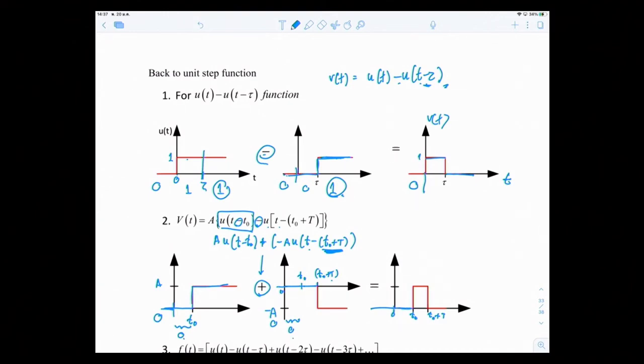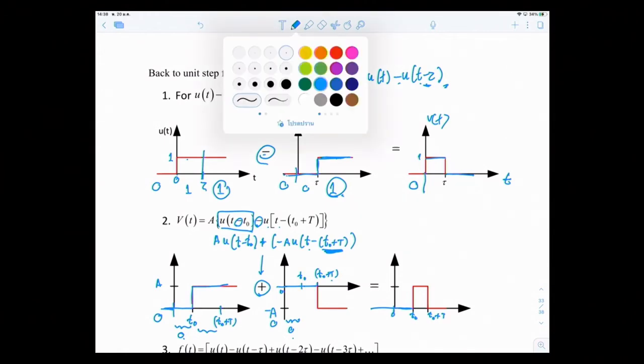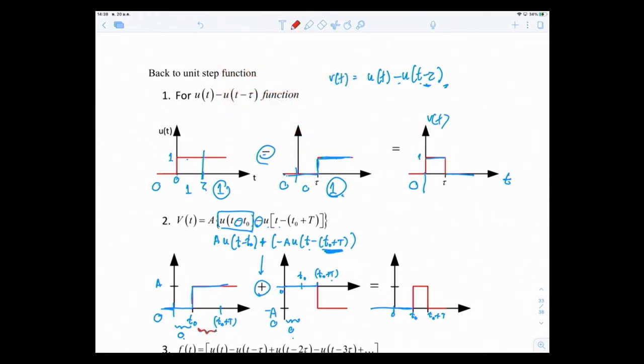Then from t0 to t0 plus T, let's change color, this portion is A, and this other portion is 0, so A plus 0 is A. So between t0 and t0 plus T, the value is A.